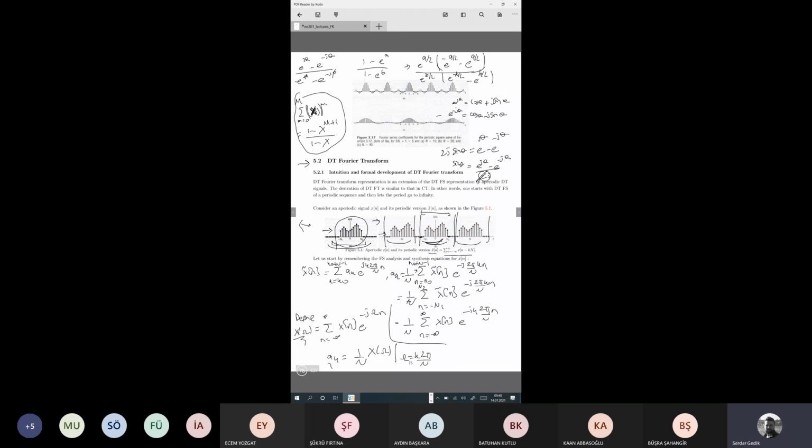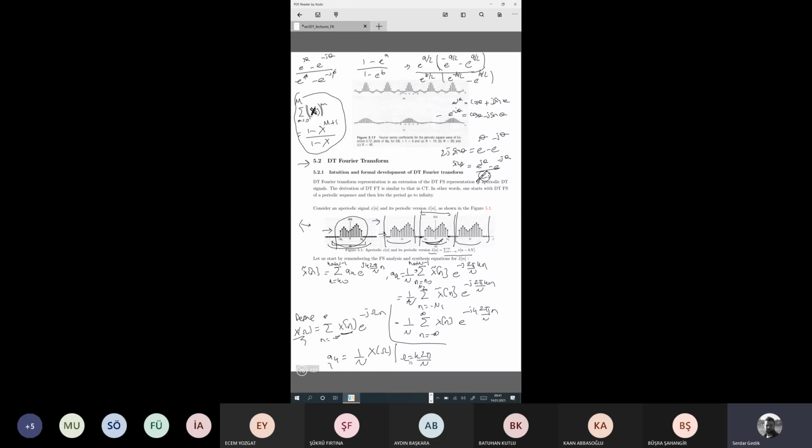So here there is a trick. You have x of n, which is aperiodic. Then you make it periodic by repeating it, let's say by shifting it by multiples of N. Then you define this X of omega, but this X of omega is based on x of n, the aperiodic version.